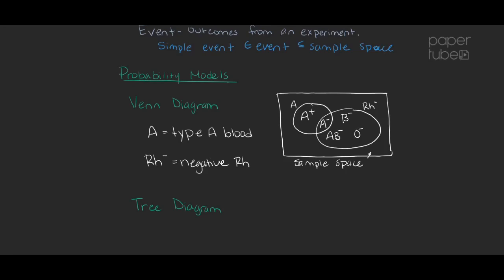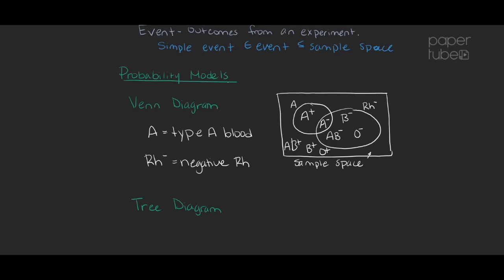And anything that doesn't fit into either of these two bubbles or events will go into the sample space. So I've got 3 remaining blood types. And so if you've listed all of the different simple events, then this is your entire sample space. And in this case, it consists of 8 different outcomes.